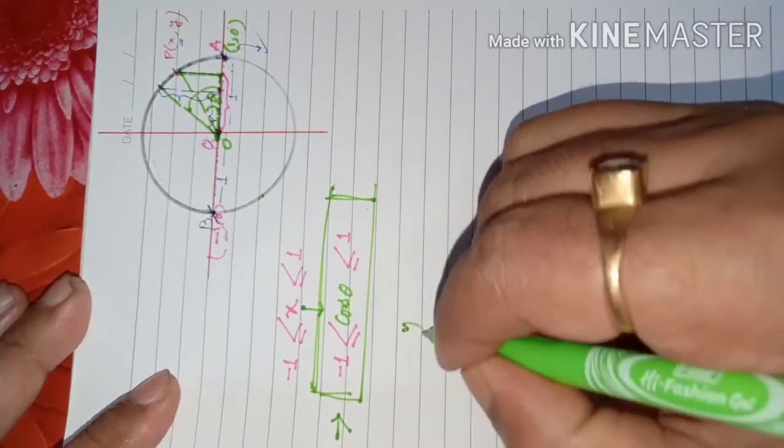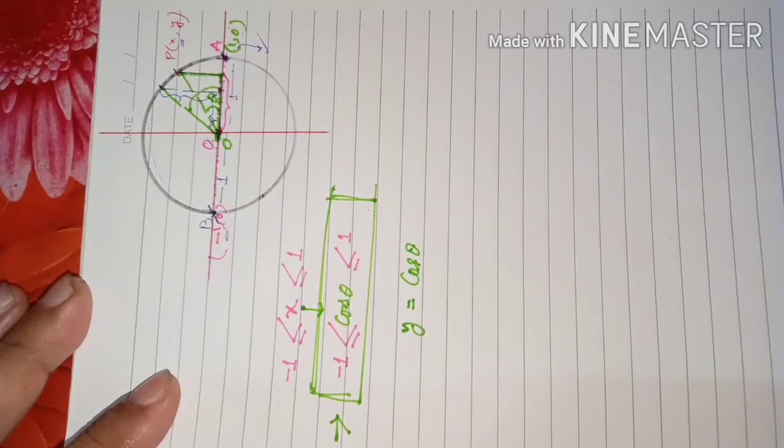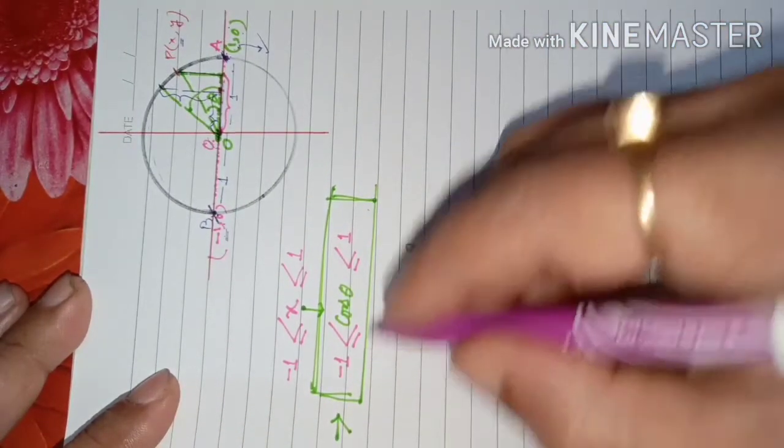If we consider cos theta as a function, its greatest value will be plus 1 and lowest value will be minus 1.